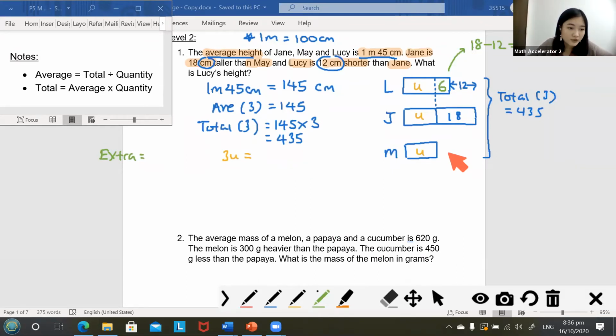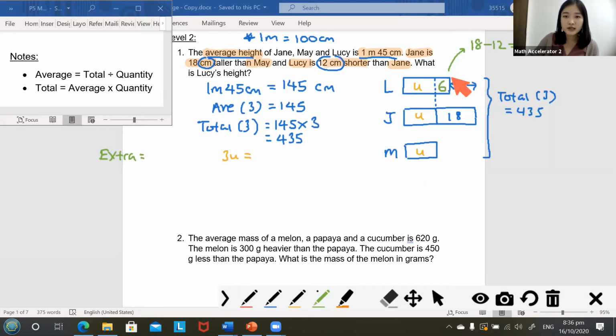Okay, some of you telling me 6 plus 18 is the extra. Okay. Anyone disagrees that it's 6 plus 18? Do I have to add in 12? Is 12 also an extra? No.